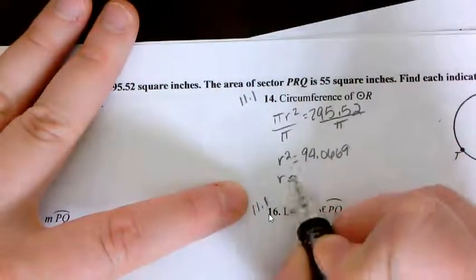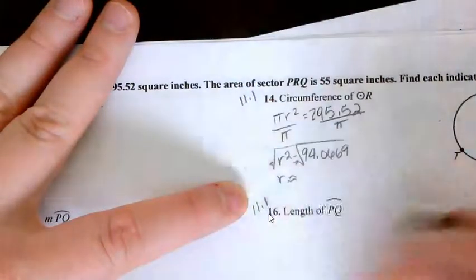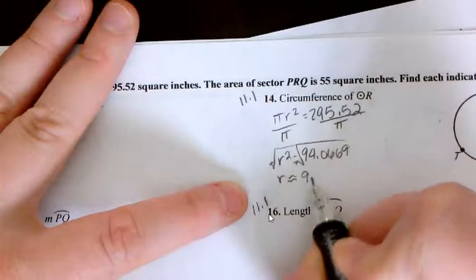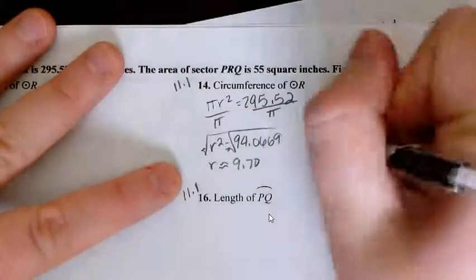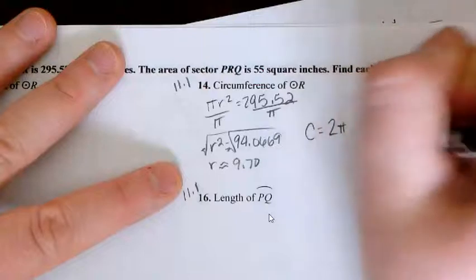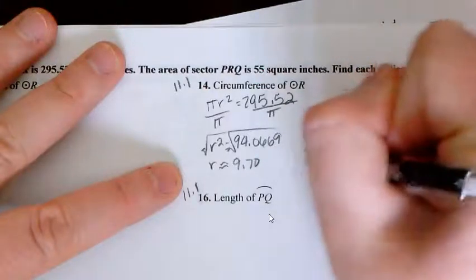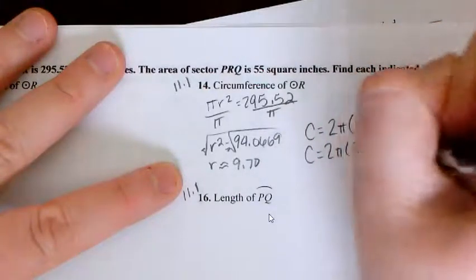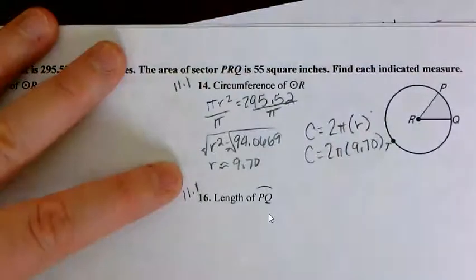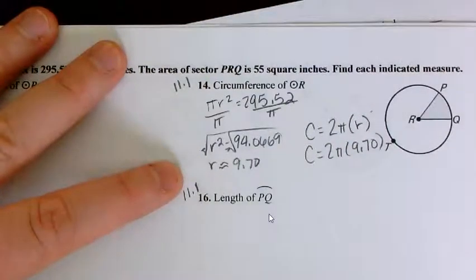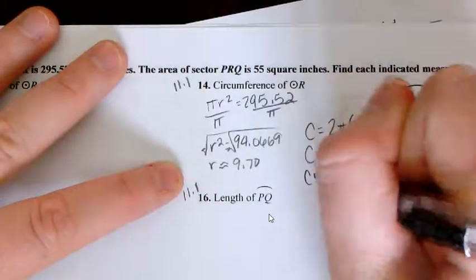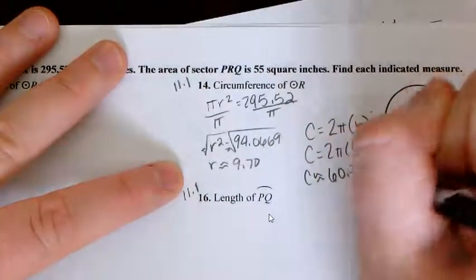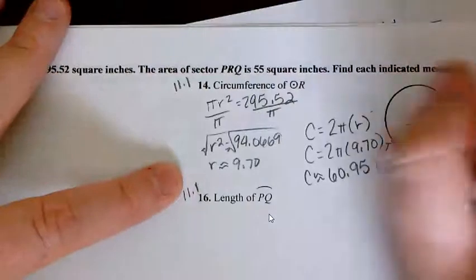Radius is approximately 9.70 with rounding. Since that's my radius, circumference equals 2 pi times 9.70. You get approximately 60.95 inches.